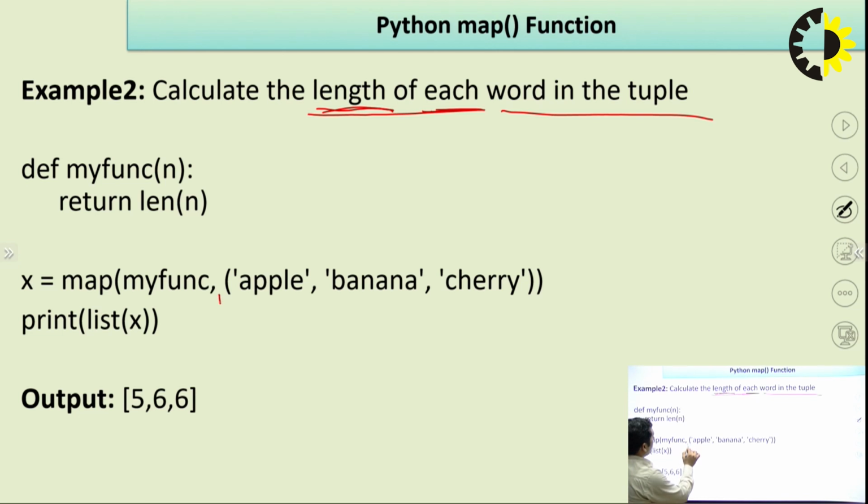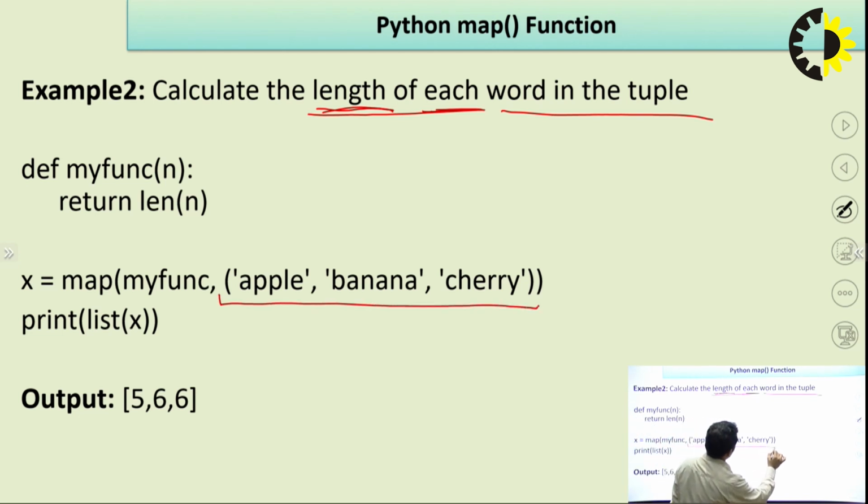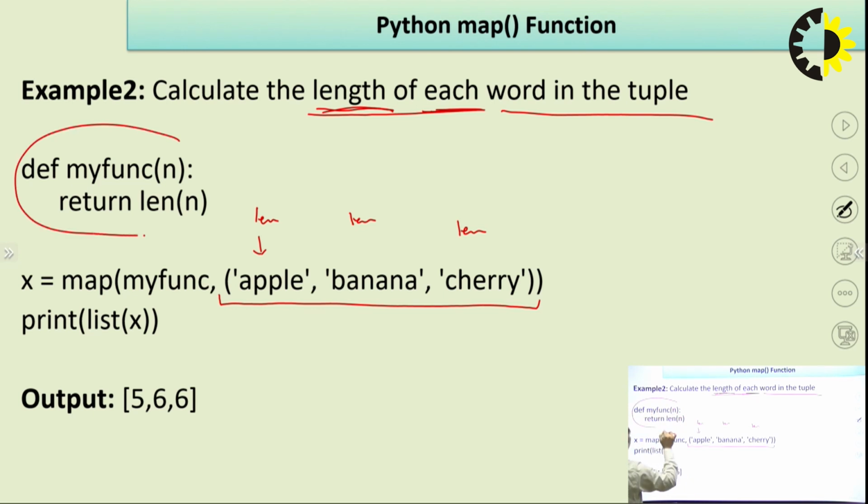The given tuple is this one: apple, banana and cherry, 3 elements, and we will find the length of this, length of this and length of this, the same action. So we will make a separate function here. We can also use the lambda function. Here we make the separate function that returns the length of n simply.